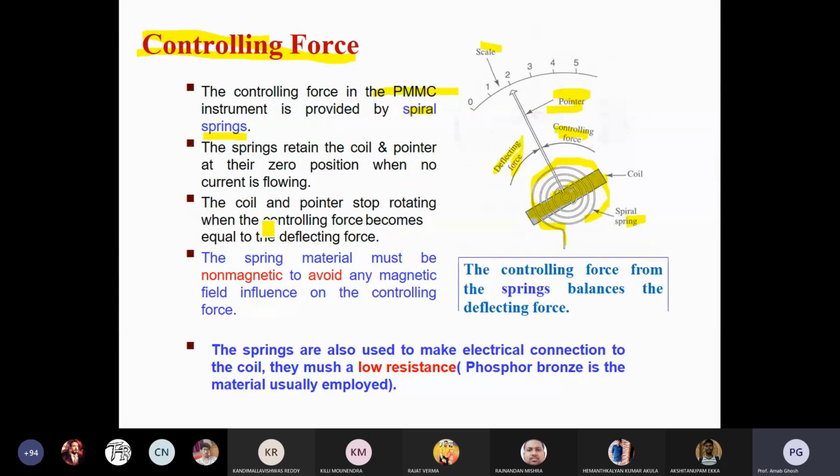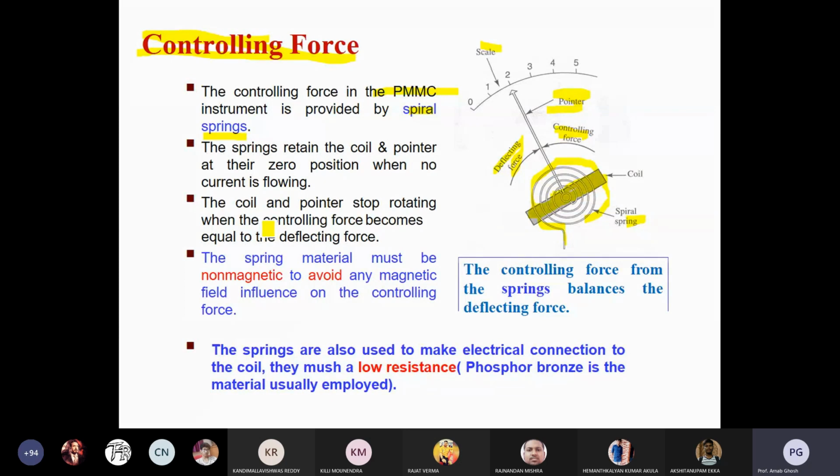The coil and the pointer stop rotating when the controlling force becomes equal to the deflecting torque. So at that time it should be rotating, and then stop the rotations. The spring material must be non-magnetic, to avoid any magnetic field influence on the controlling force.